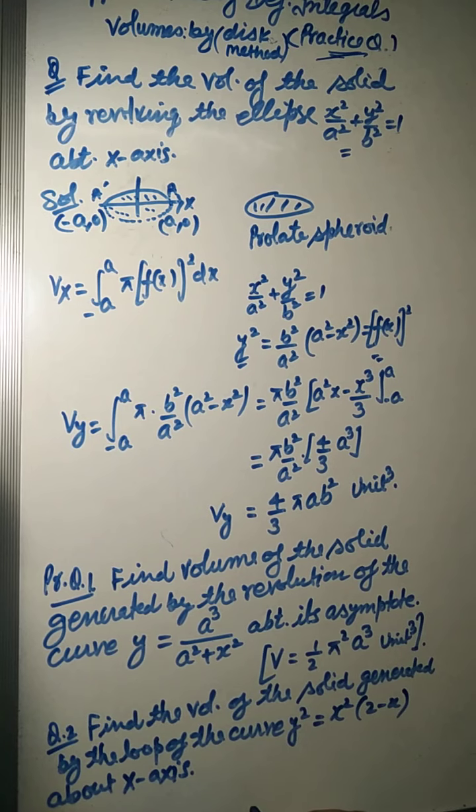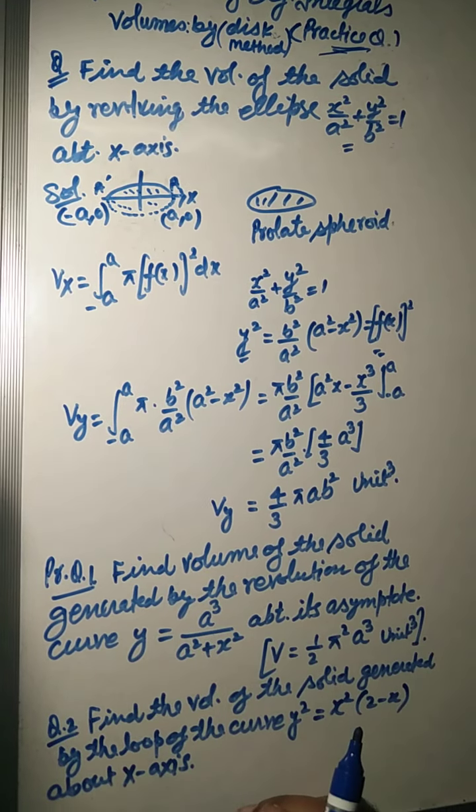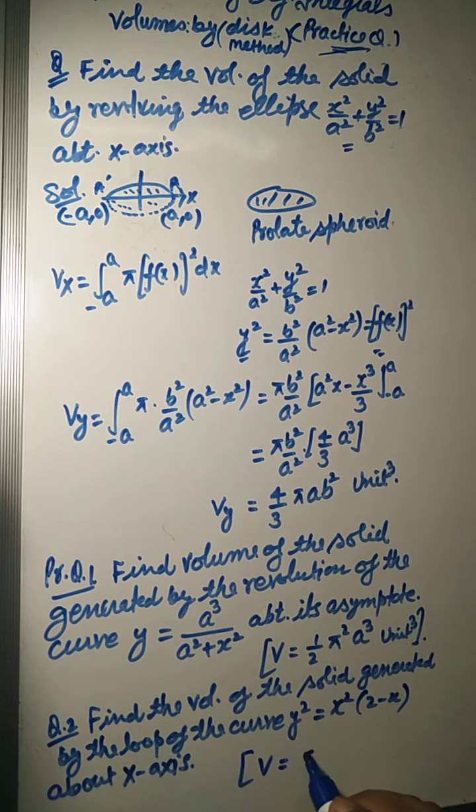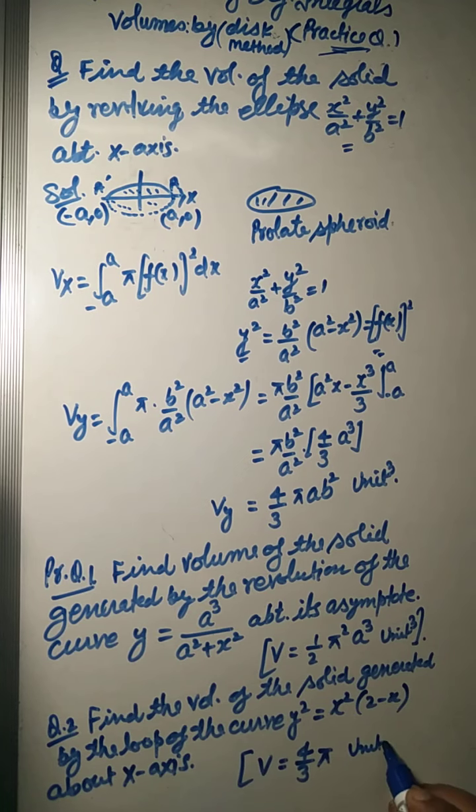We can solve this problem easily and will obtain answer as volume equals 4 upon 3 pi unit cubed.